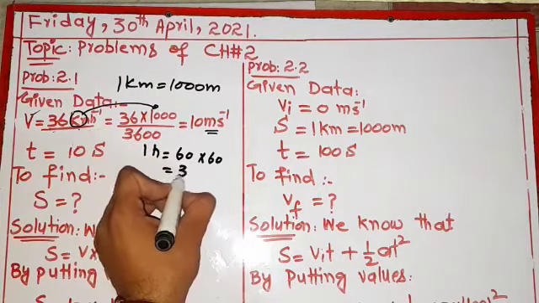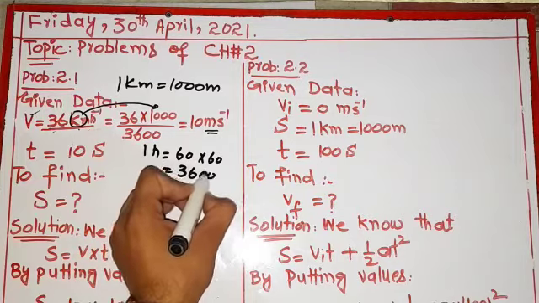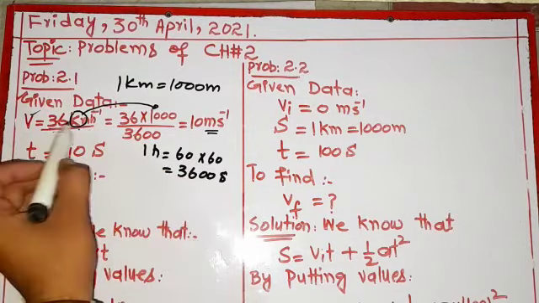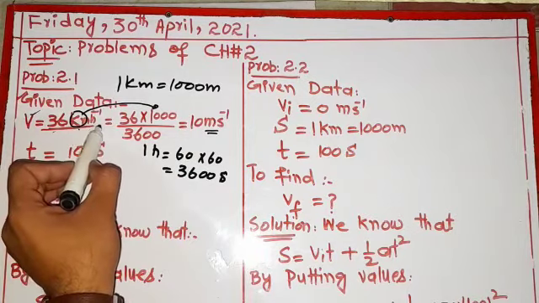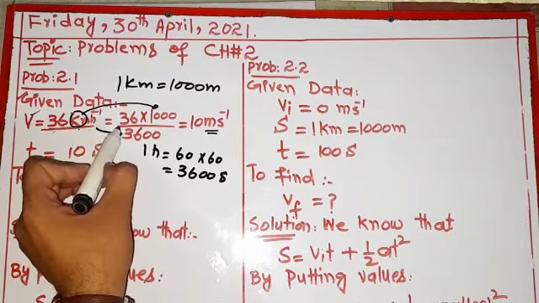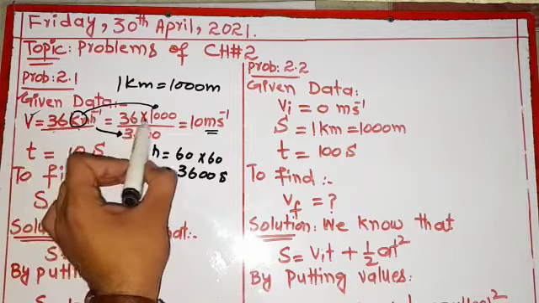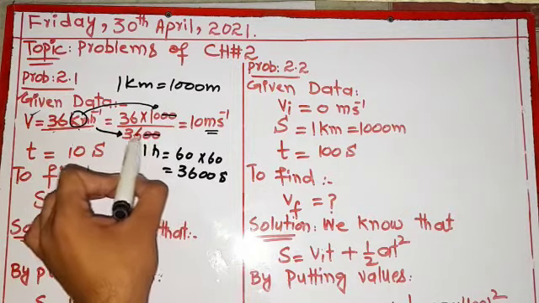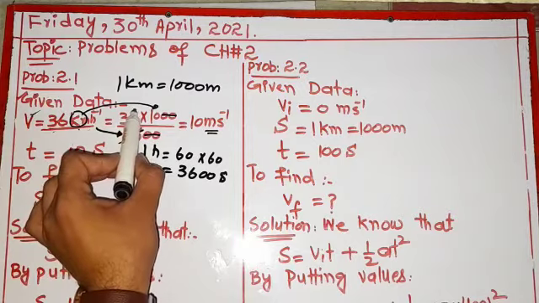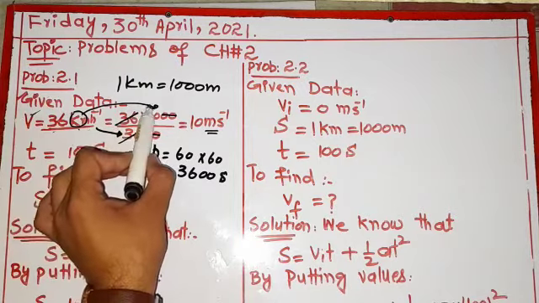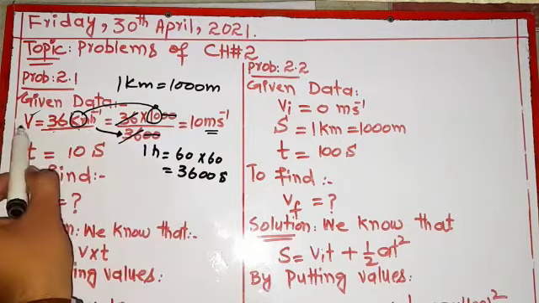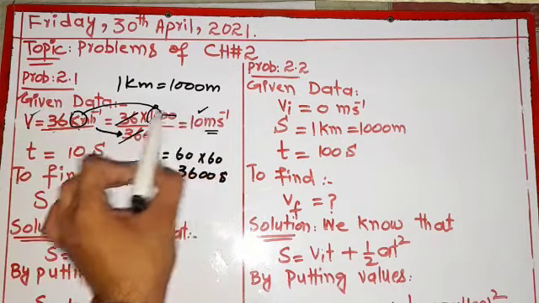So 1 hour will be equal to 3600 seconds, so we will divide by 3600 s. You can see these two zeros, 36 will be cancelled with 36 and the remaining will be 10 meter per second. Velocity will be 10 meter per second.